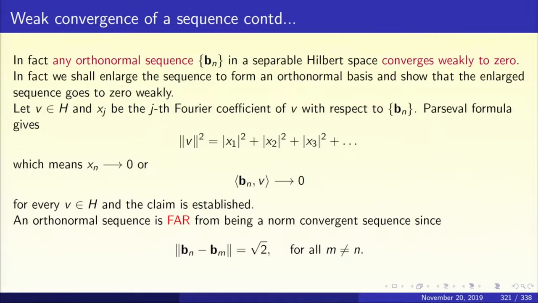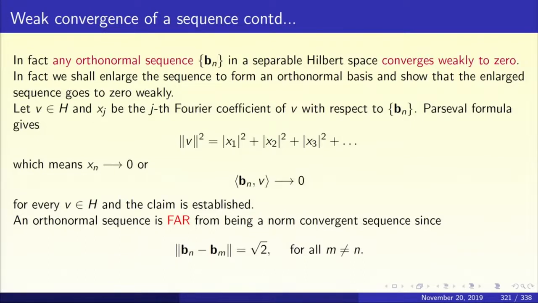So, the infinite series mod x1 squared plus mod x2 squared plus mod x3 squared plus so on converges. So, the nth term must go to 0. So, xn must go to 0. But what is your xn? Your xn is nothing but the inner product of Bn with V, which means that the inner product of Bn with V goes to 0 for every V in H, and we established the claim.